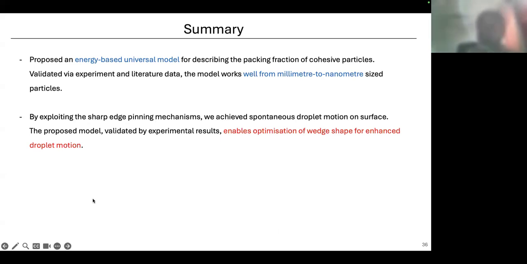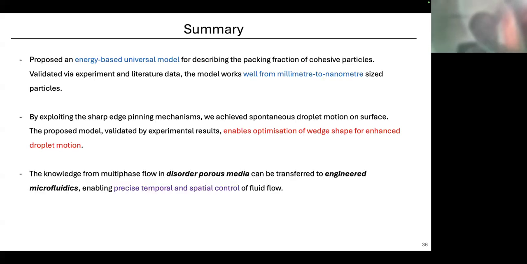By exploiting the sharp edge pinning mechanism, we designed the surface to enable spontaneous droplet movement, and then we optimized the overall shape for enhanced movement distance. Lastly, we want to emphasize that the knowledge from multiphase flow in disordered porous media can be transferred to engineered microfluidics. An example is the study where we achieved precise temporal and spatial control of fluid flow.